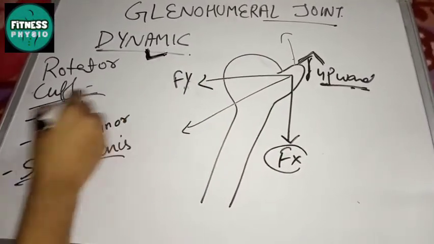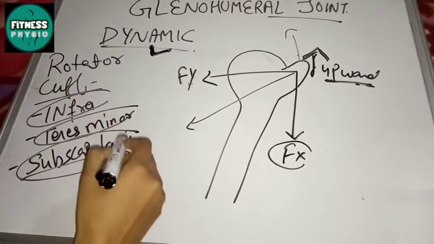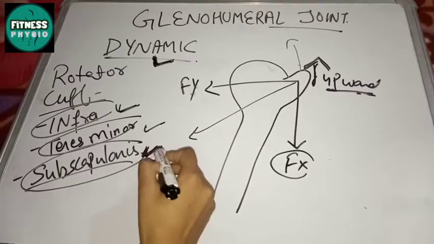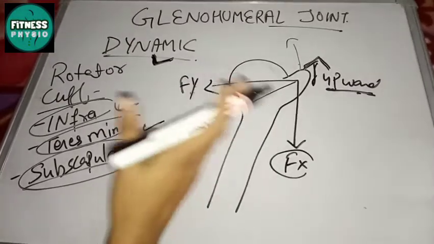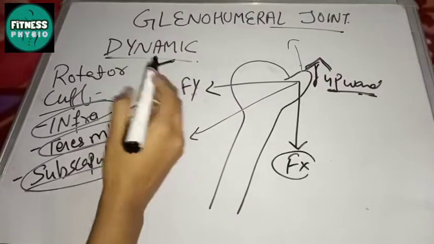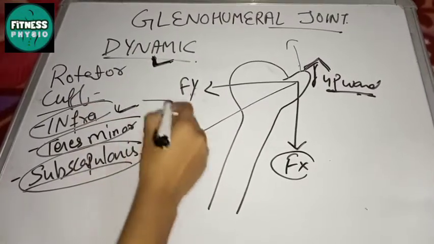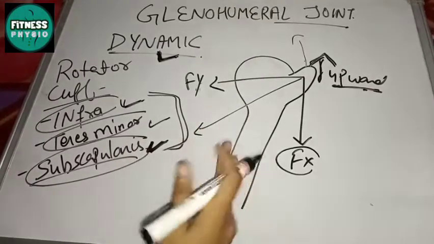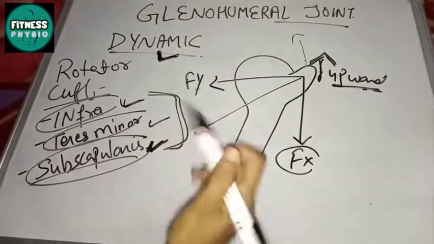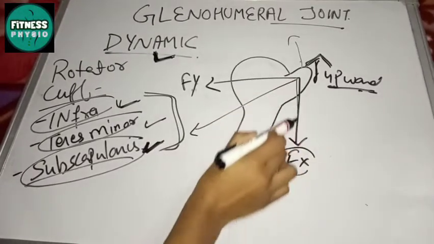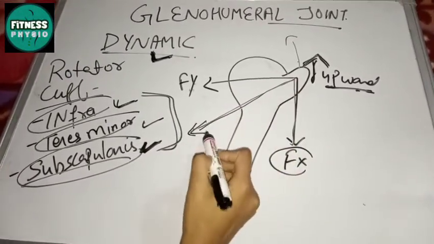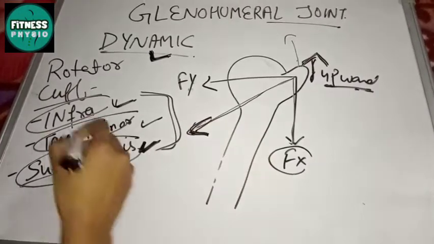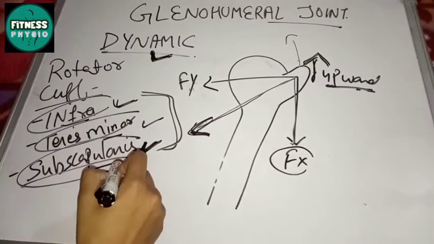There are three muscles of the rotator cuff: infraspinatus, teres minor and subscapularis. They maintain the GH joint in dynamic stabilization by creating a downward force against the superior movement of the humerus head. So this resultant is your rotator cuff muscle resultant, which includes infraspinatus, teres minor and subscapularis.